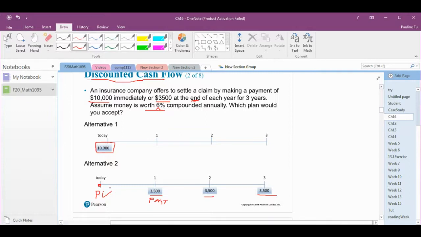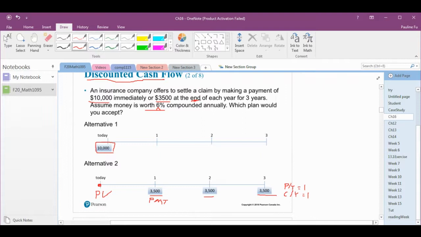So now I'm going to calculate the present value of this annuity, 3,500. For this annuity, I need to set up my computer: PY equal to 1 because it is each year, and CY is 1 because interest is compounded annually, and it is at the end mode.